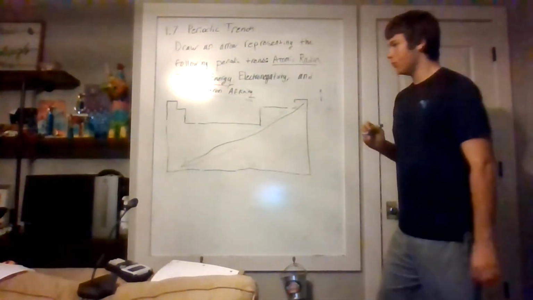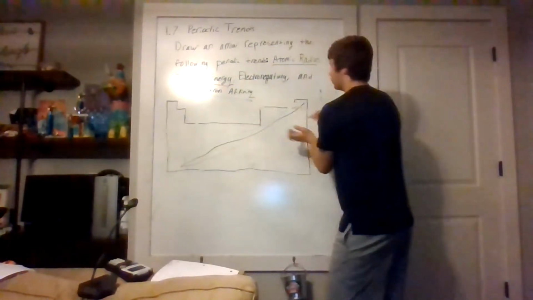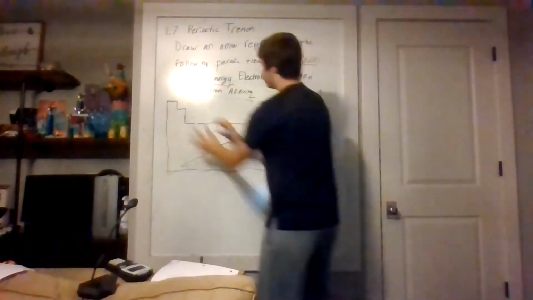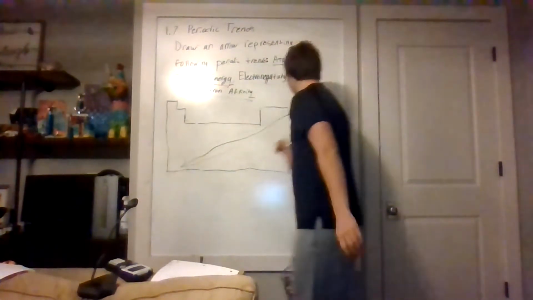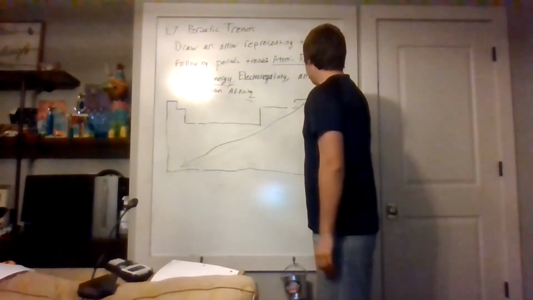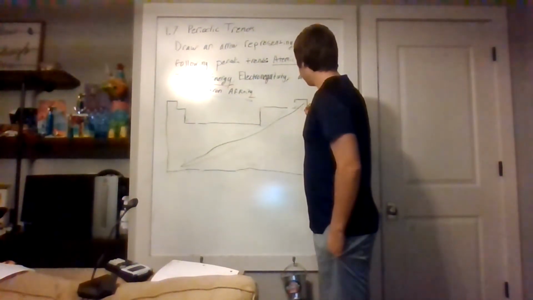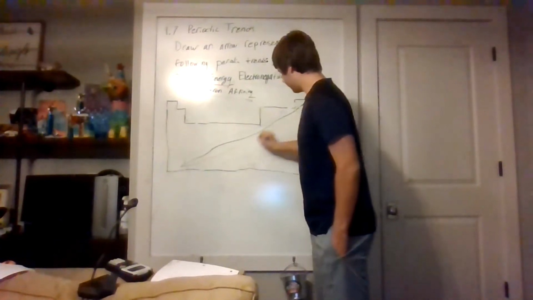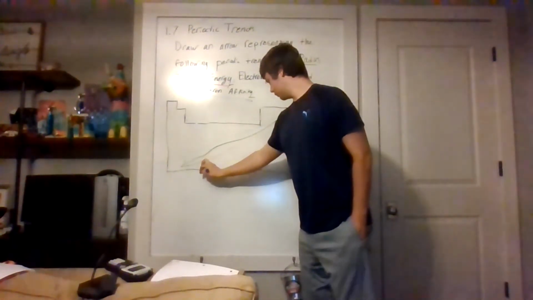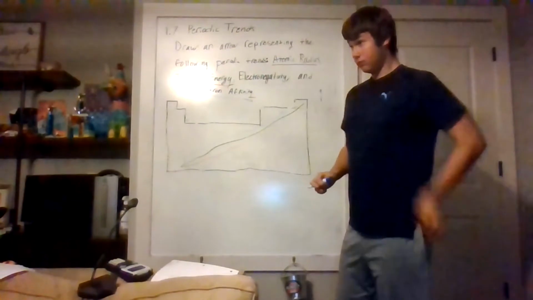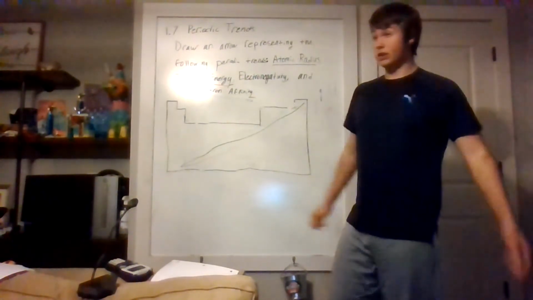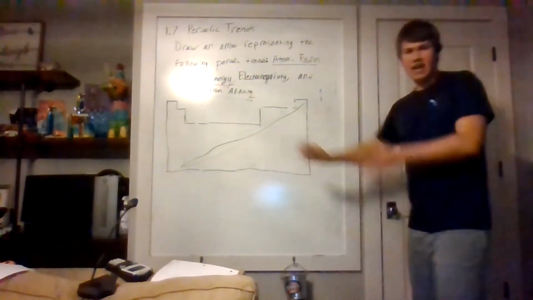So since most of our nonmetals are over here, and most of our metals are over here, we'll see an increase from helium to radium or actinium, to that kind of range.